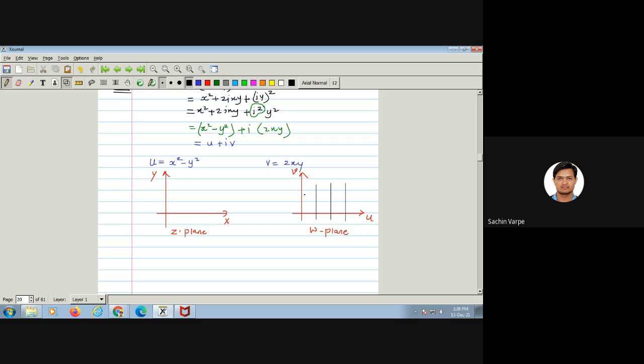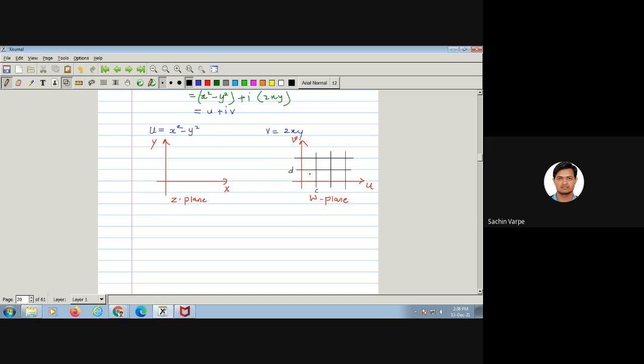Yes or no? And suppose you consider the lines parallel to U axis also, that is V equal to 1, V equal to 2, and so on. So from these we take two lines, suppose U equal to C and V equal to D. So let us now check what the line U equal to C maps to, or the line that is the image from Z plane, and the line V equal to D. First of all, is it clear that U equal to C and V equal to D are lines in W plane?